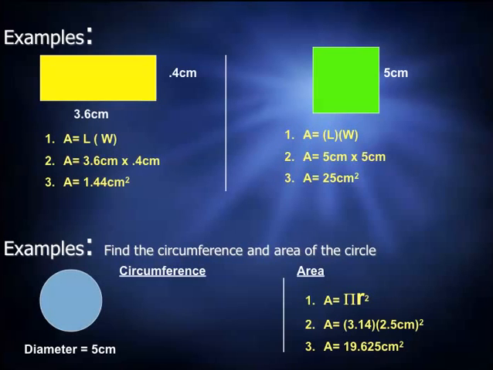Oh, okay. 2.5 times 2.5 equals what? We got 19.634. There we go. Depending on whether you press the pi button or you just type in 3.14, it should be about 19.6 something centimeters squared.